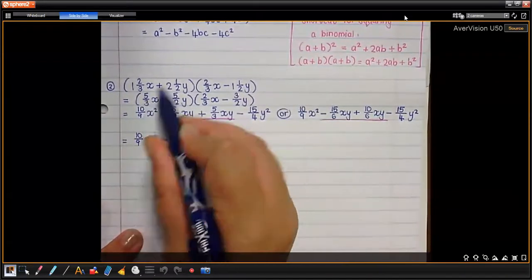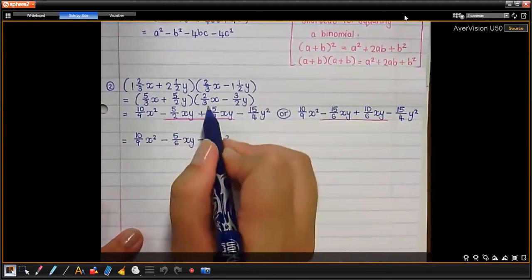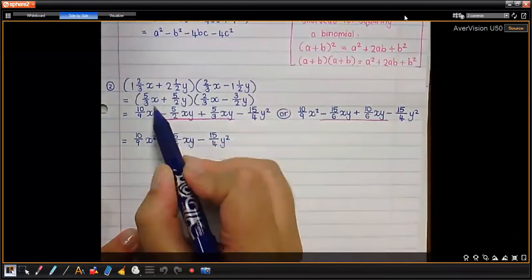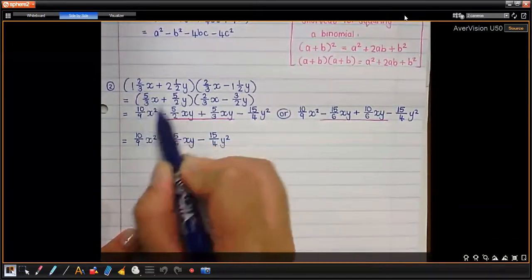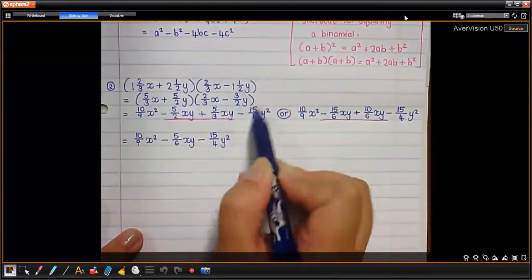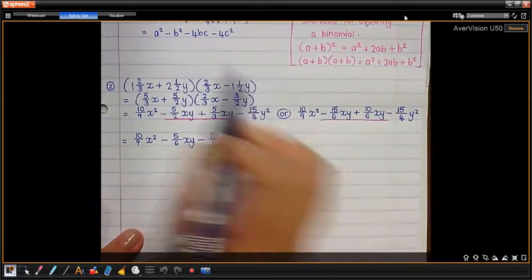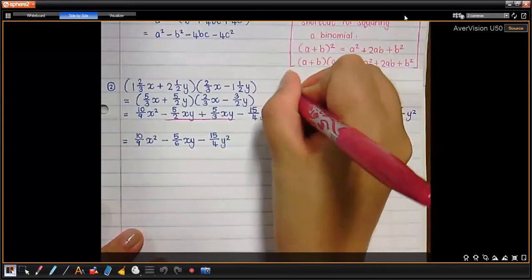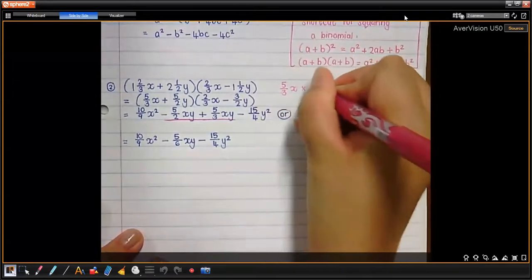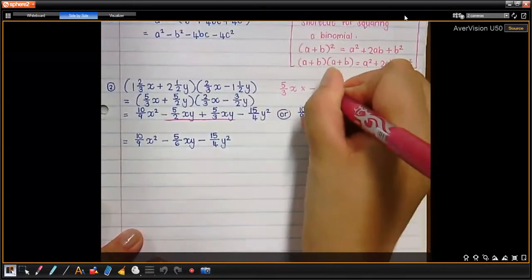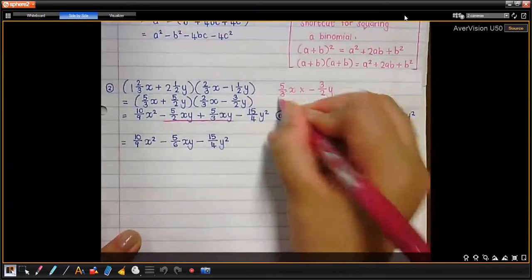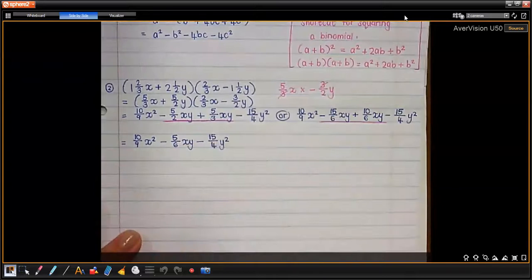Then we do the outers, or you can do the inners first, guys. It doesn't actually matter. We'll just say outers first. So now you're going to say 5/3x times -3/2y. Do you agree that you could cancel out those 3's?